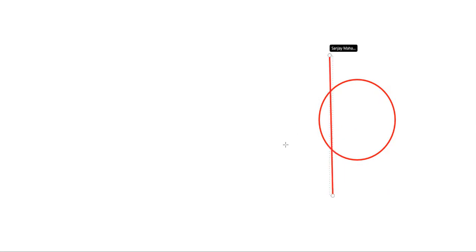Now, a circle is here. I just draw a circle and see the intercepts made. This is not a good circle, let me make a good circle. And now I draw the Cartesian plane. You see here, this is a circle.